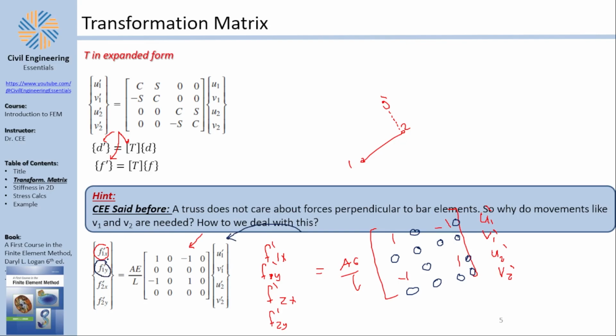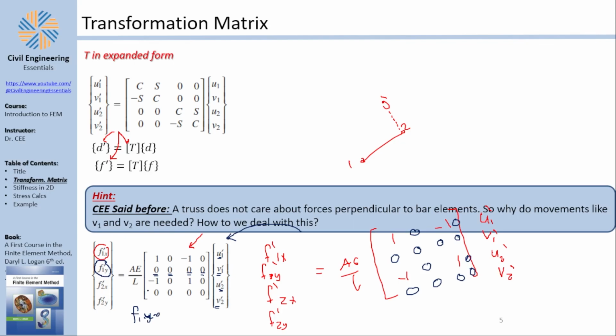I said before nobody cares about this, so let's take a look if it's actually the case. You can see F1y equals 0 multiplied by U1, 0 multiplied by V1, 0 multiplied by U2, and 0 multiplied by V2. So actually F1y equals 0 as it should be, because there is nothing that the truss feels in its local y-axis.